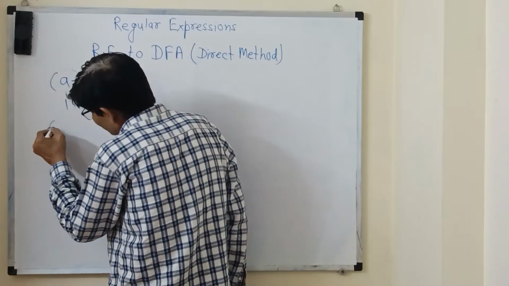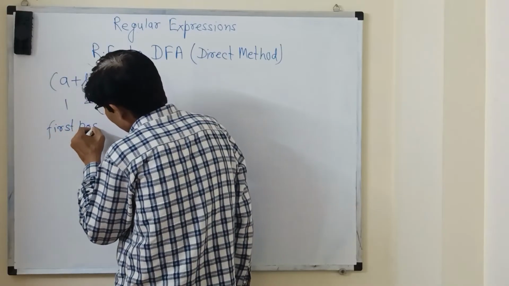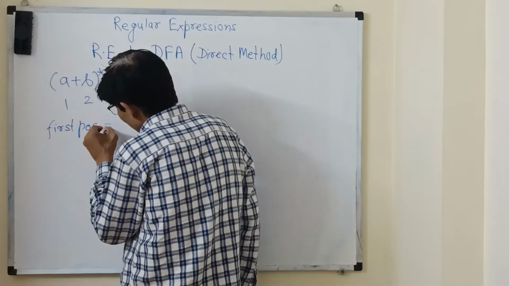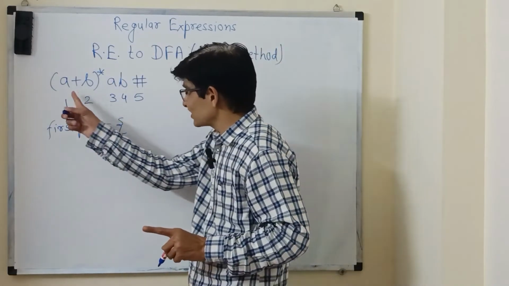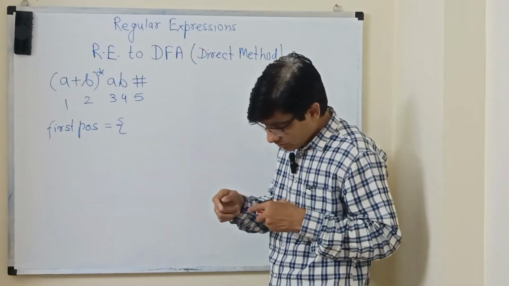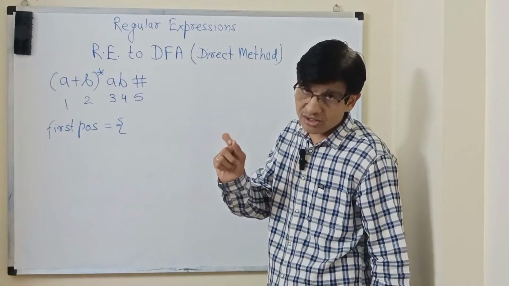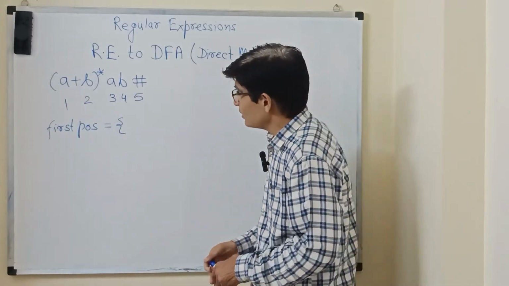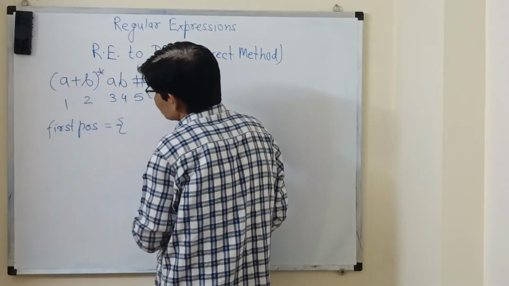Now, first pos of this regular expression: in this regular expression, at first you can have any combination of a and b, using this particular bracket or this Kleene closure.